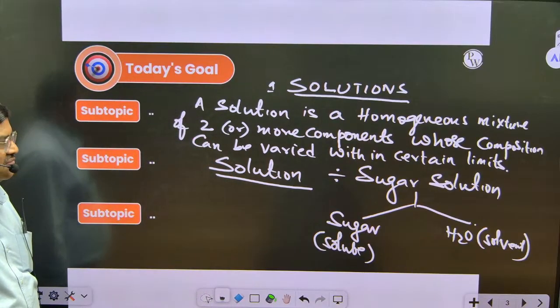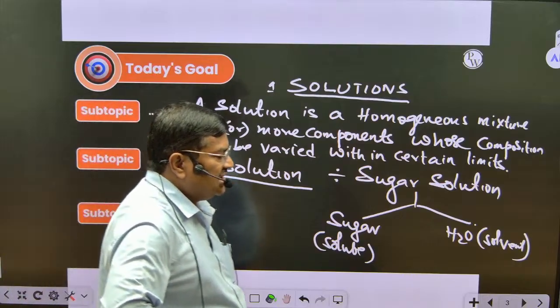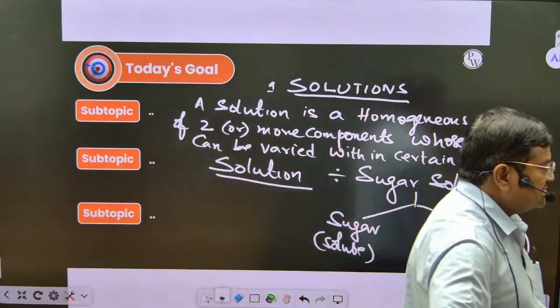Right. Now formation of solution is a physical process.